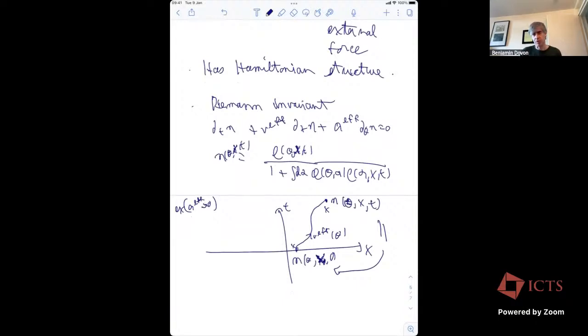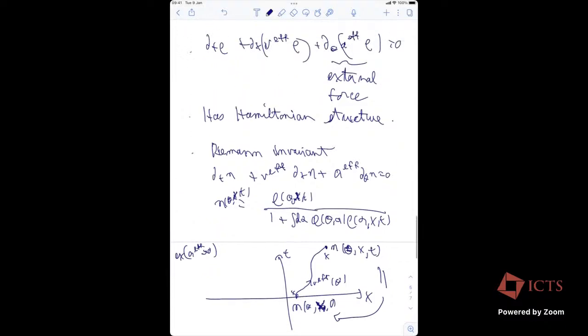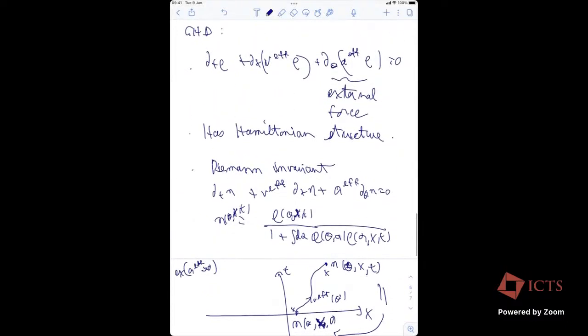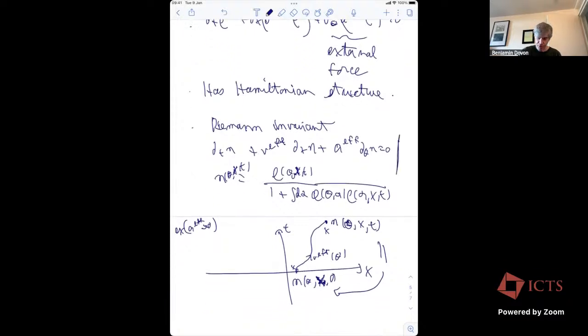Yeah, questions about that? So in the presence of the external force, is there some generalization to the method of characteristics? Not that I know of. Of course, n, because of that equation, is transported in the 2D space x, θ along the vector (v^eff, a^eff).